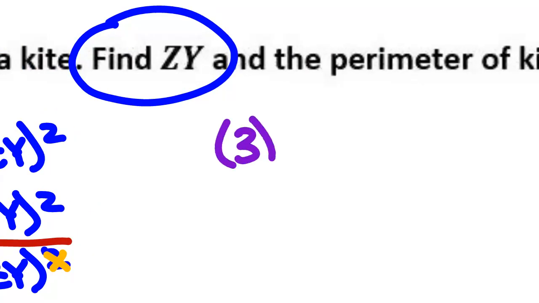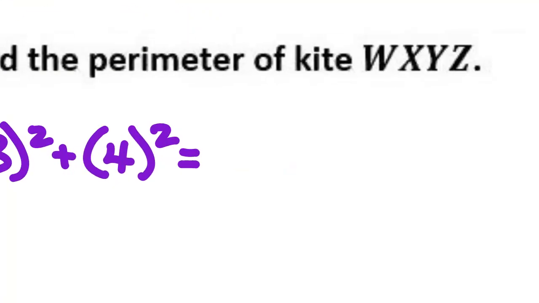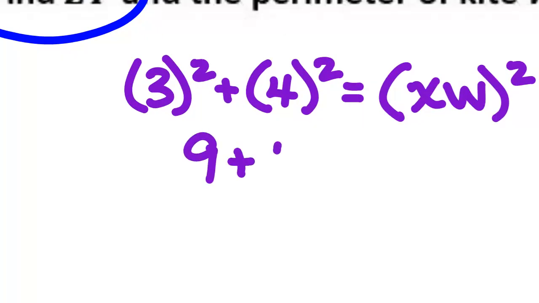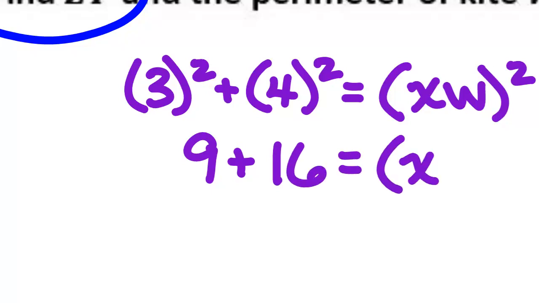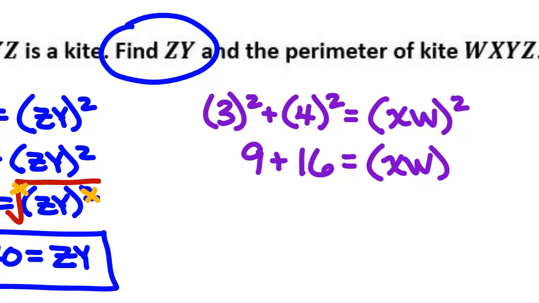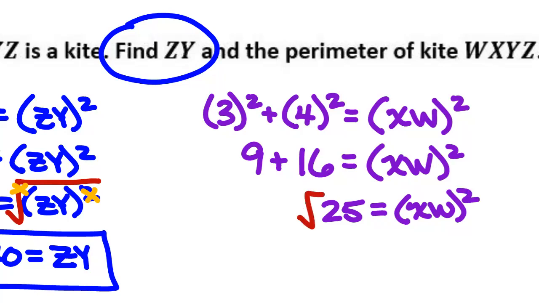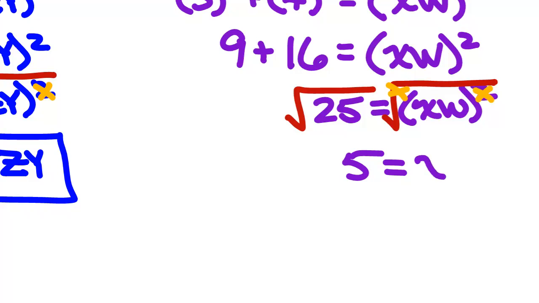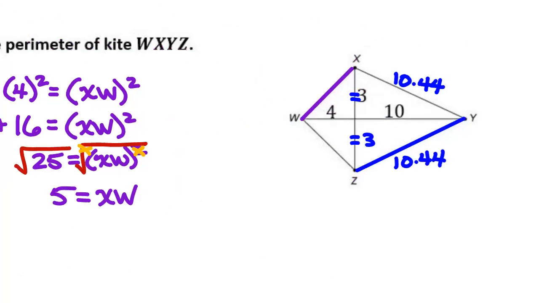So that would be 3 squared plus 4 squared is equal to XW squared. 3 squared is 9, 4 squared is 16. When I add 9 and 16 together, I get 25. And then we do the square root of both sides, and the square root of 25 is 5. So I would have 5 for those two sides.